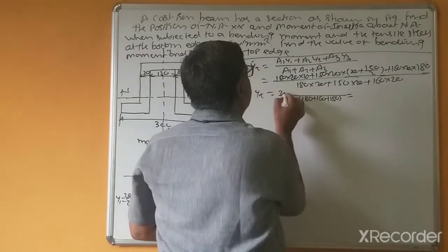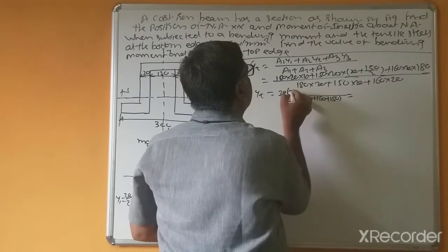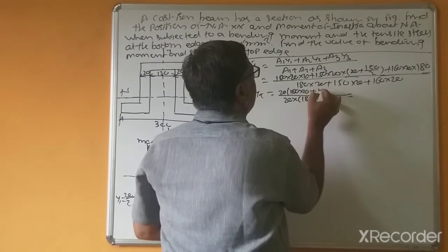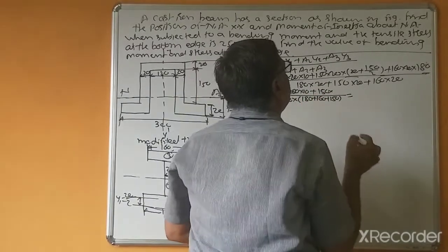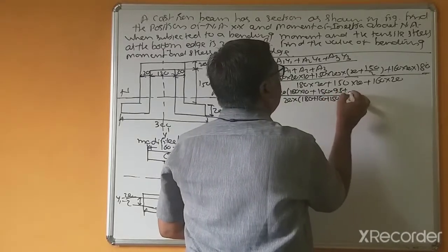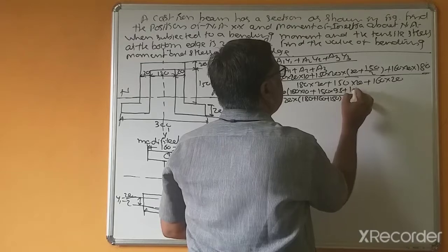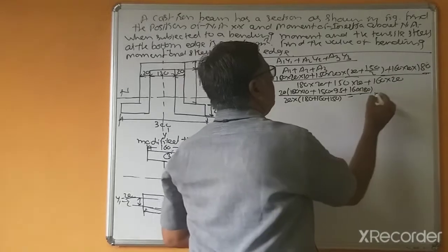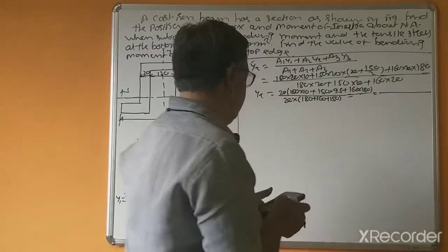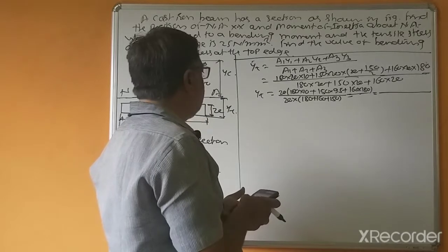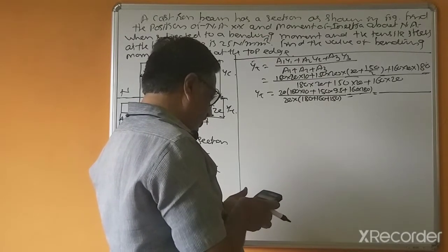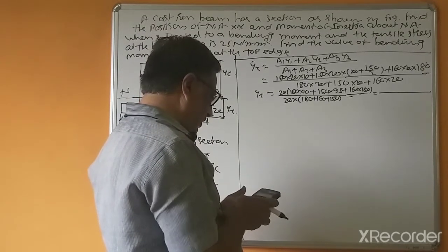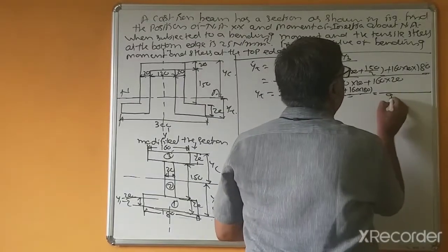In the top also 20 common: 180 into 10 plus 150 into 95 plus 160 into 180. So 180 plus 160 plus 150 is 490, multiplied by 20, 9,800.